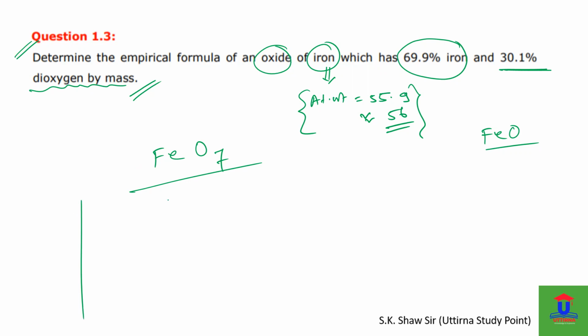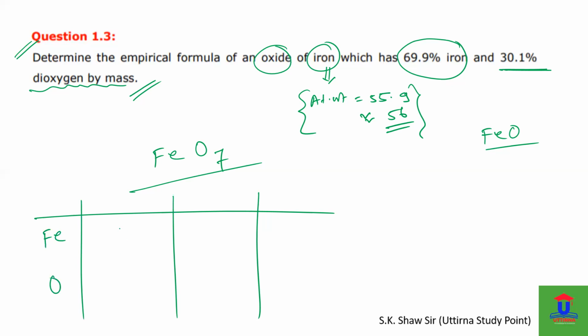Columns. If you remember the columns, the first column is the element. So it is simply Fe and oxygen. The second column is their atomic weight. So it is 55.9 or 56. And for oxygen, the atomic mass, take 16.